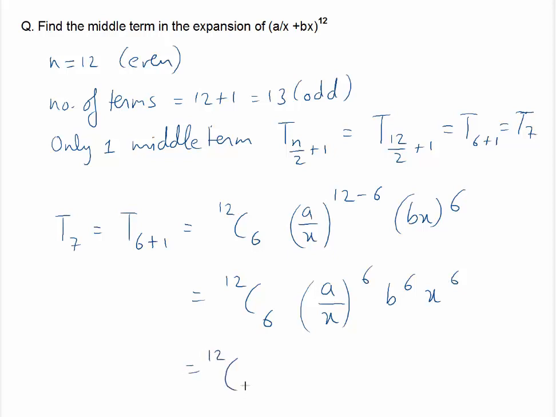So this would be 12C6 a^6 divided by x^6 multiplied by b^6 x^6. So x^6 will get cancelled, and this would be 12C6 (ab)^6. So this would be the middle term of this expansion.